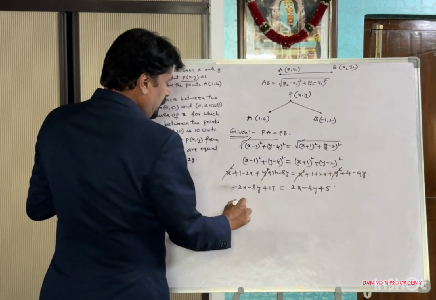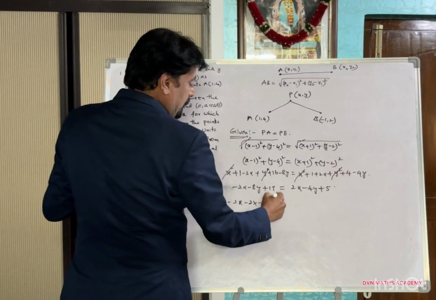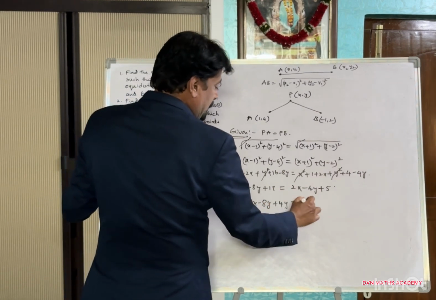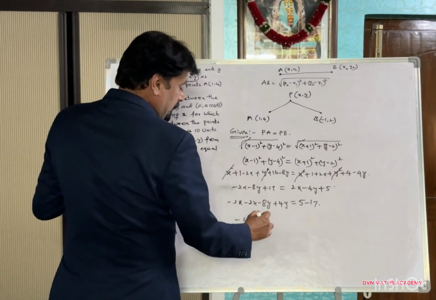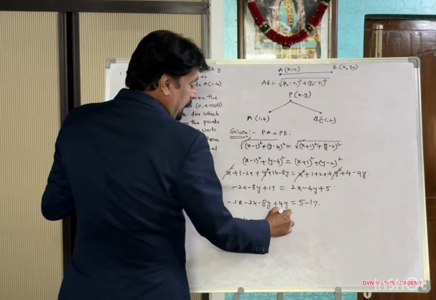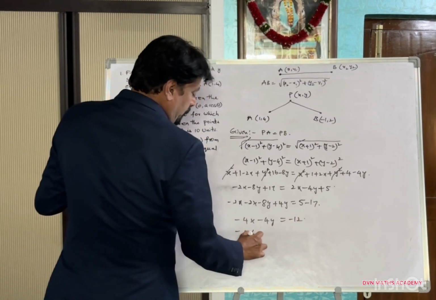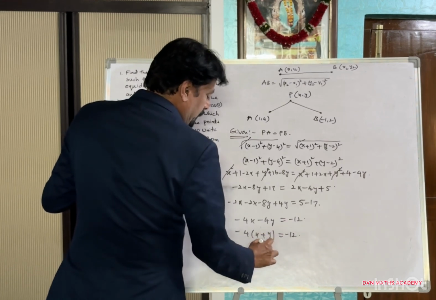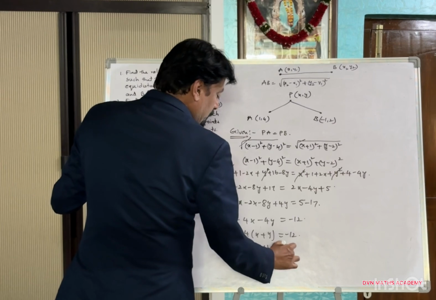So bringing the x and y terms to one side, minus 2x minus 2x is minus 4x, and minus 8y minus 4y, wait, minus 8y plus 4y gives the y term, is equal to 5 minus 17. So this is minus 4x, minus 4y is equal to minus 12. If I take minus 4 common, this becomes x plus y is equal to minus 12 by minus 4, which is 3.